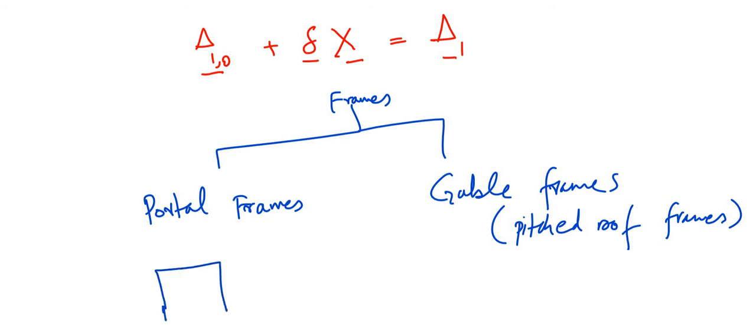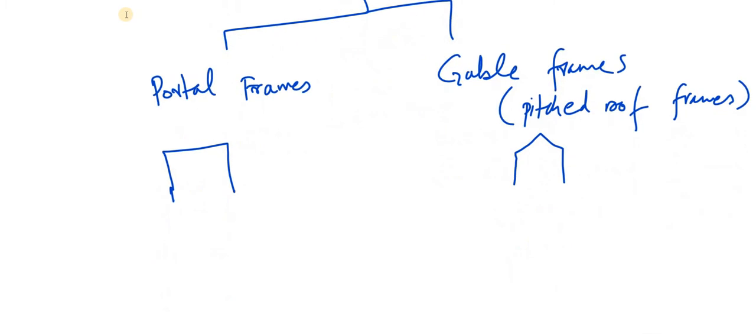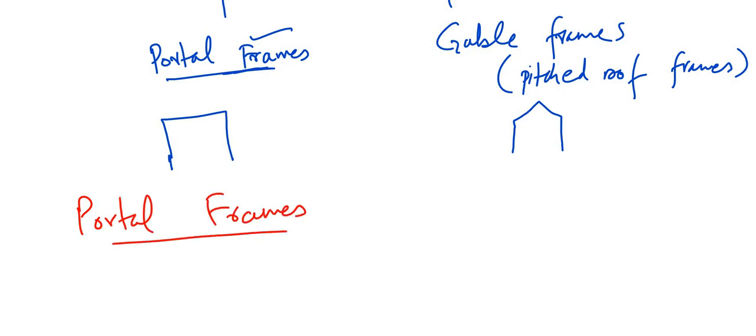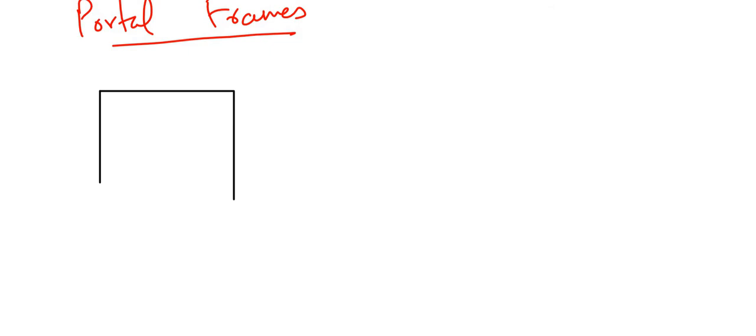So, these are the portal frames and these are the gable frames. So we will be discussing in this course only portal frames. So we will be discussing only portal frames from now onward in this video. So portal frames is our next topic. So we are down to a specific type of frames, which are portal frames.